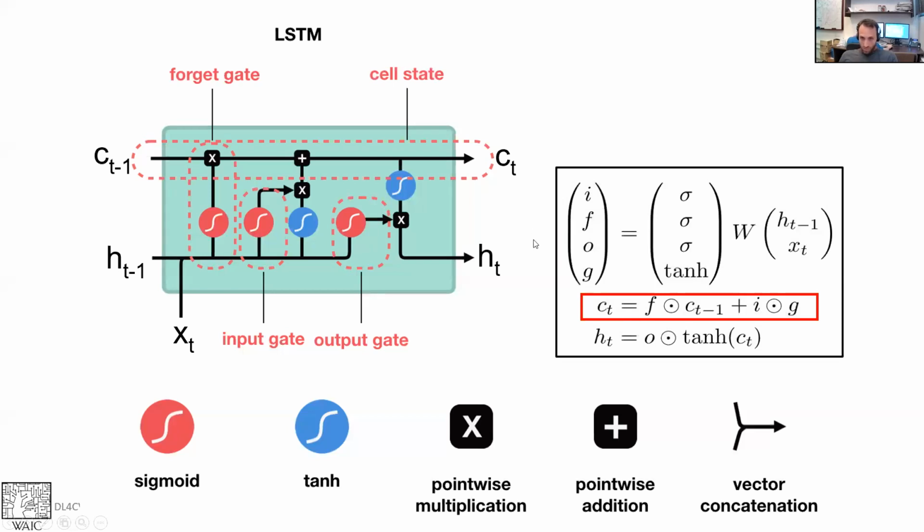So to understand this, let's first look at each one of the gates. So we have the input gate, the forget gate, the output gate, and the G gate. Let's start with the G gate. The G gate takes the previous hidden state and the current input, multiplies by a weight matrix, and passes through a tanh.